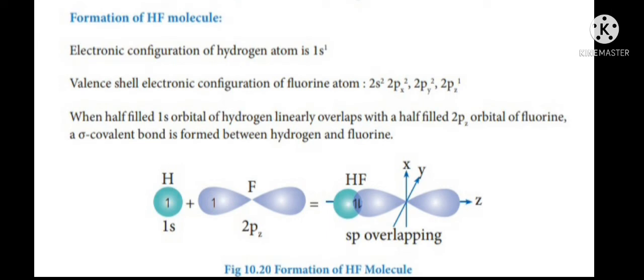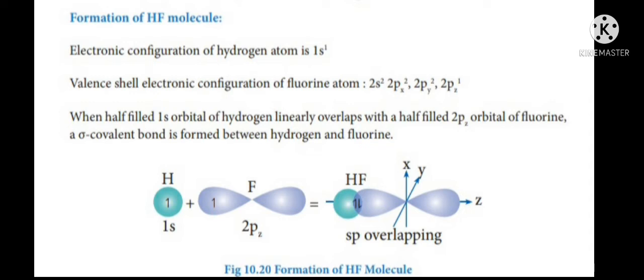Next one, formation of hydrogen fluoride. Whenever hydrogen combines with fluorine, it forms hydrogen fluoride. Hydrogen has atomic number 1. Hence, the electronic configuration of hydrogen is 1s1. Fluorine has atomic number 9.